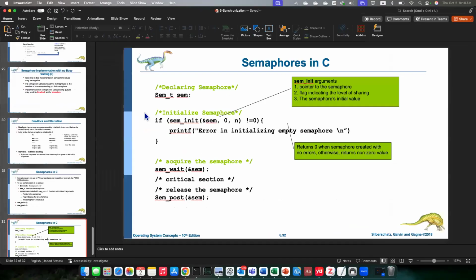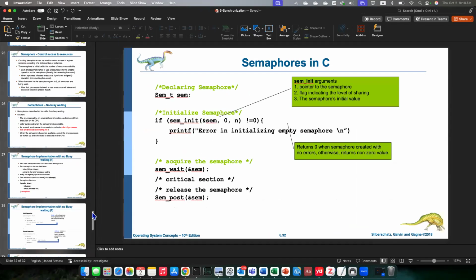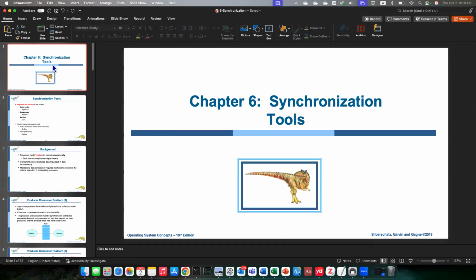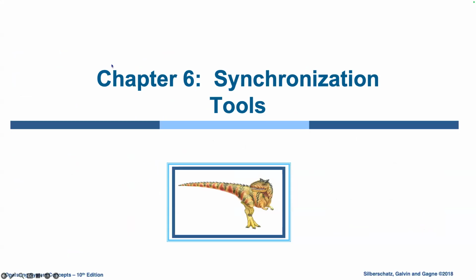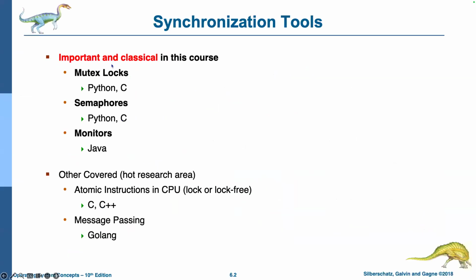Good. Now we can go into our next chapter: synchronization. CPU scheduling schedules the process at the CPU level. All of this is at the application level. A scheduling algorithm like first in, first out runs in kernel mode. It's at the CPU level. It must run in kernel mode.